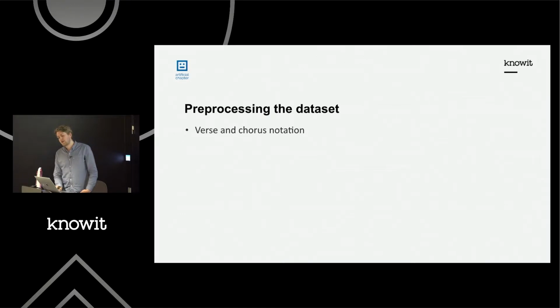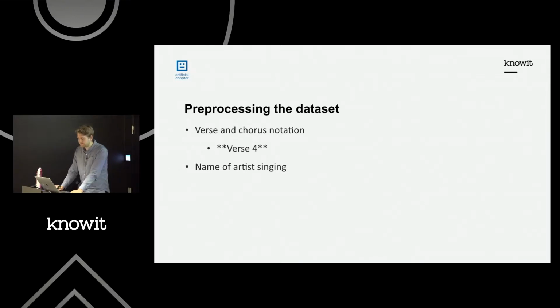Also, there's a lot of verse and chorus notation, such as at the start of every verse or chorus, it often says "this is verse 4," "this is the chorus," "verse 5," and so on. So I had to remove those as well. And when there are multiple artists singing, let's say Rihanna and Eminem are singing together in a song, it often says "Eminem is singing this part, Rihanna is singing this part," and so on.